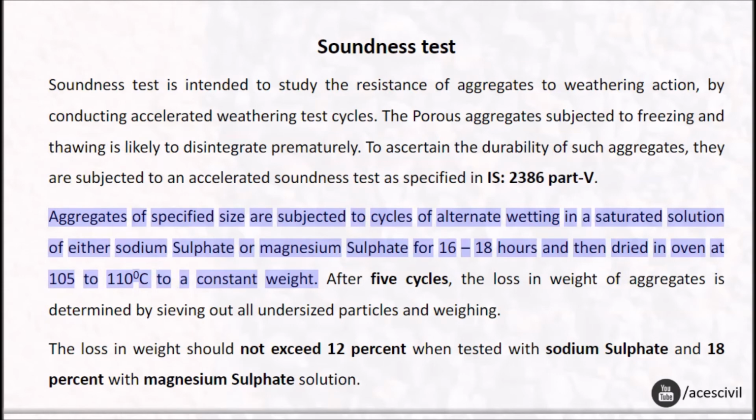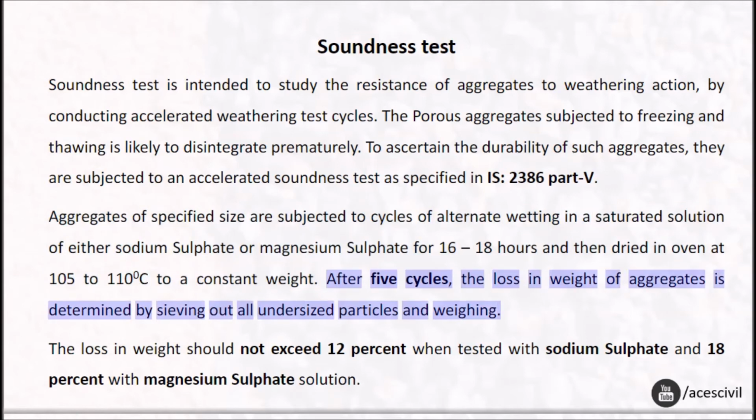Aggregates of specified size are subjected to cycles of alternate wetting in a saturated solution of either sodium sulfate or magnesium sulfate for 16 to 18 hours and then dried in an oven at 105 to 110 degrees C to a constant weight.